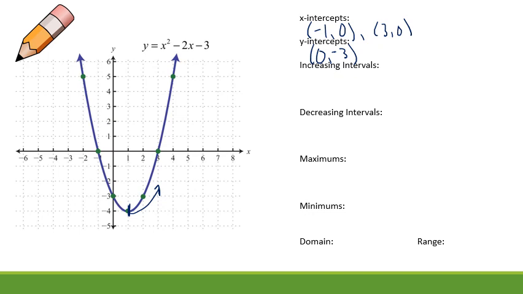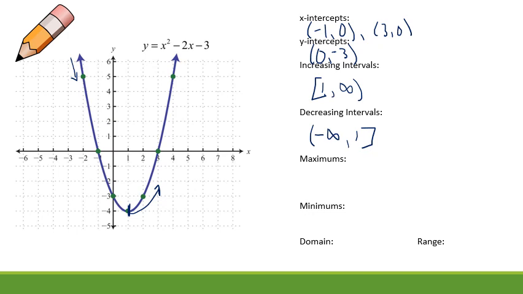So on the x-axis, that would be from 1 to infinity. My decreasing interval is everything on the left down to that point. So I'd be -infinity to +1 on the x-axis.